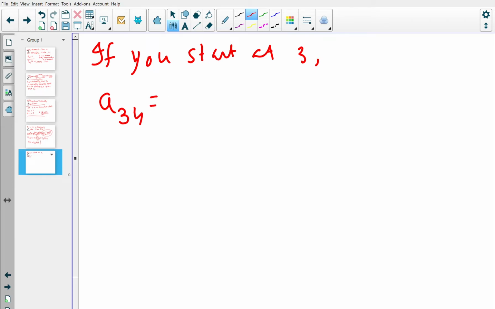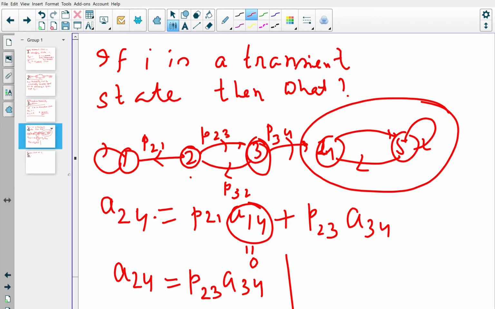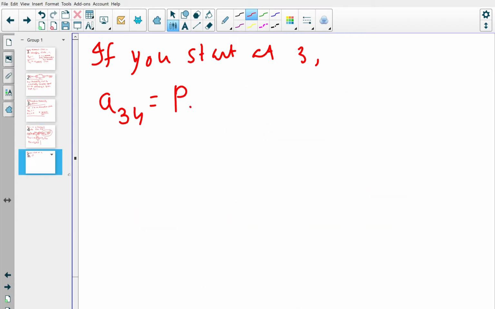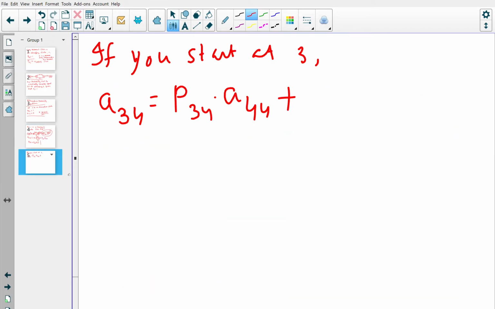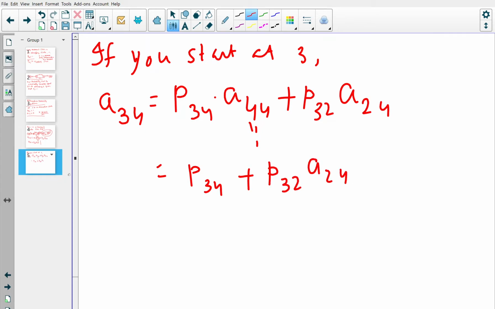Either you go from 3 to 4 with probability p34, and then you are at 4, so the absorption probability will be a44, plus you can go to 2 with probability p32 into the absorption probability from 2 to 4. And you know that a44 is 1, so the answer will be p34 plus p32 into a24.